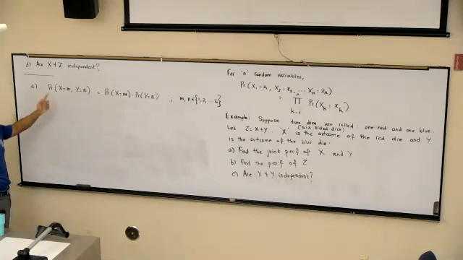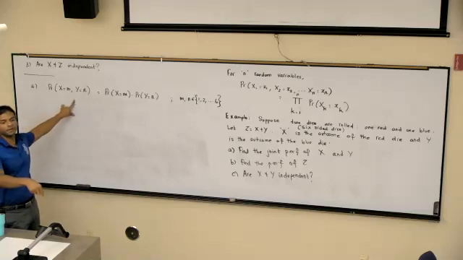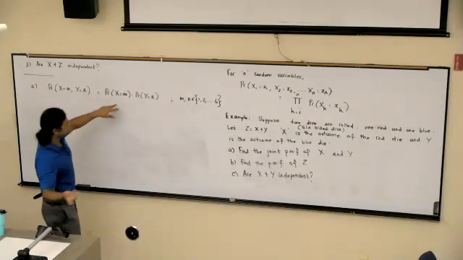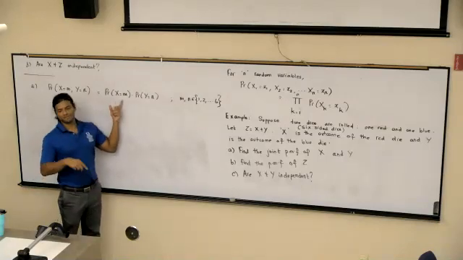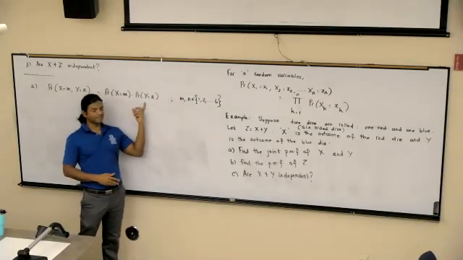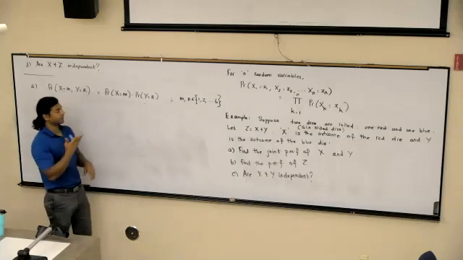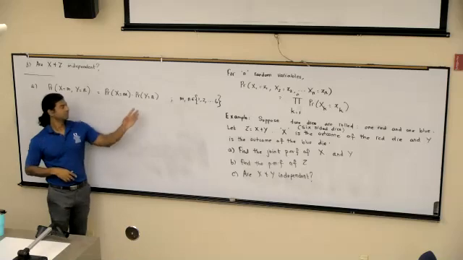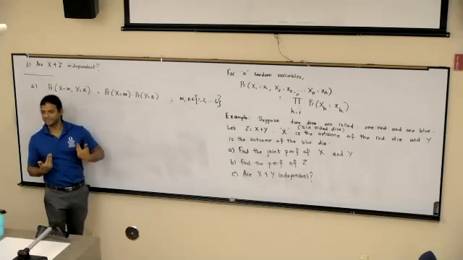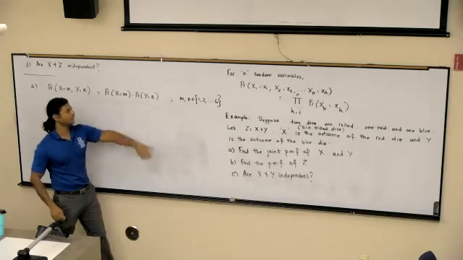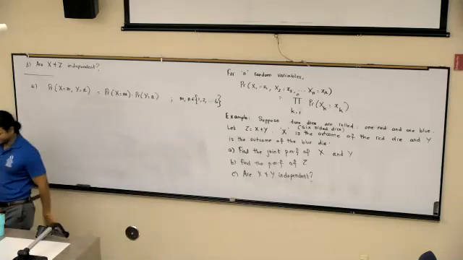So if I asked you, what is the probability that X is 1 and Y is 1, out of those 36 outcomes, it's just 1 out of 36. It's the same as saying the first die resulted in a 1 and the second die resulted in a 1. What are the chances? 1/6 times 1/6, which is 1/36. Does that make sense? This will work out for all values of m and n.